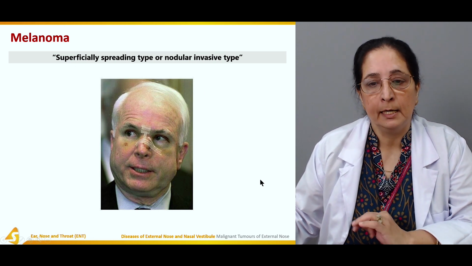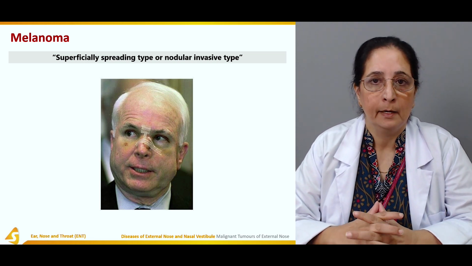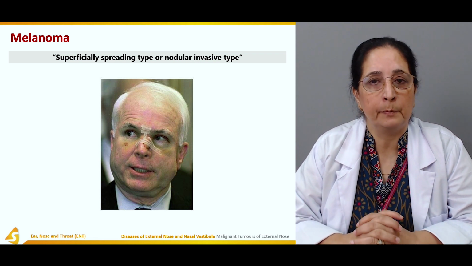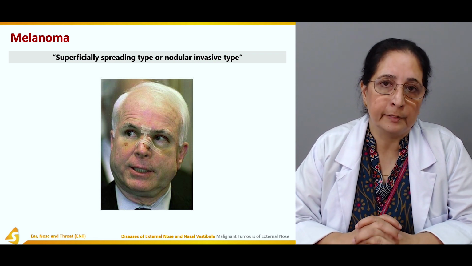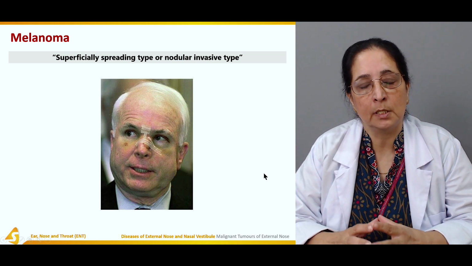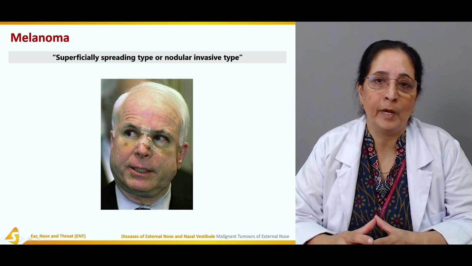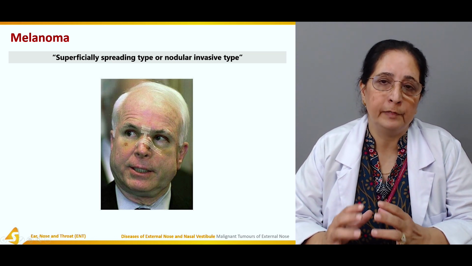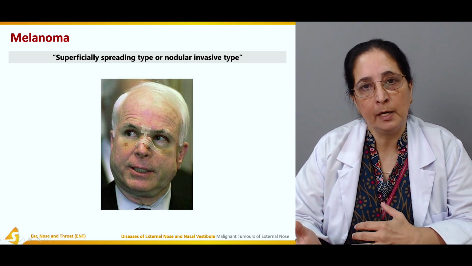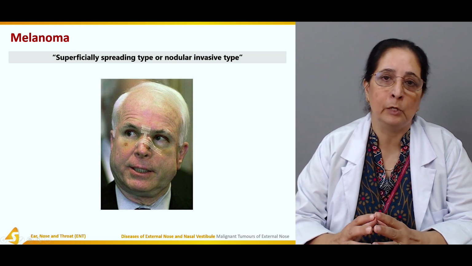It can also be the nodular invasive type, which can spread deep and metastasize to different parts or structures of the body. So all these are malignant tumors. Malignant tumors are rapidly spreading, invasive, and can involve different parts of the body. Usually the treatment depends on the size, shape, and location.